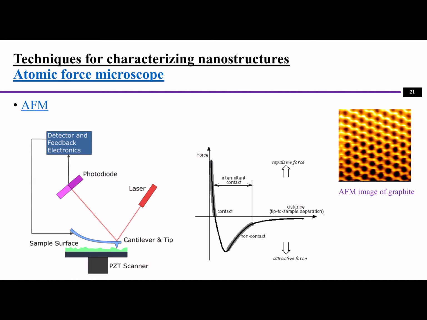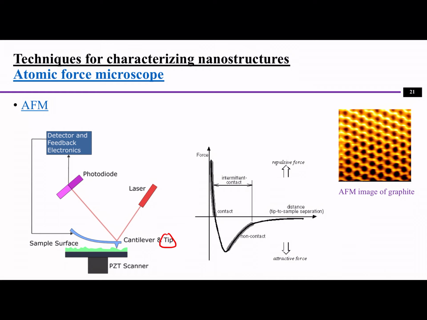Another method is the atomic force microscope. The method of this is very similar to one of the methods when we are looking at the surface finish, right? Which is to use a tip. The tip is actually composed of a group of atoms, and by moving the tip across the surface of the specimen, the tip is going to move up and down.